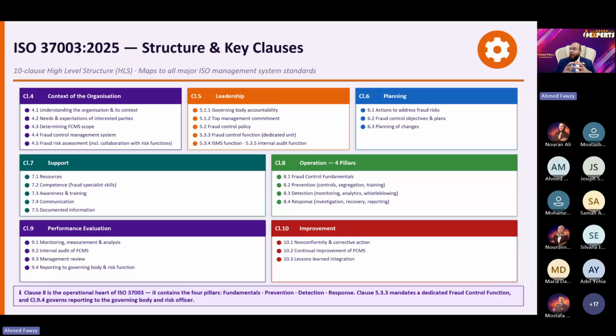So you must make good planning for the changes, approved without any violation of the other frameworks or the other management systems.